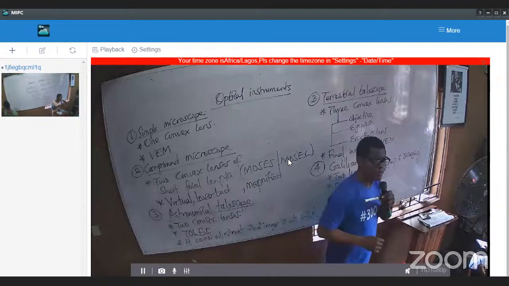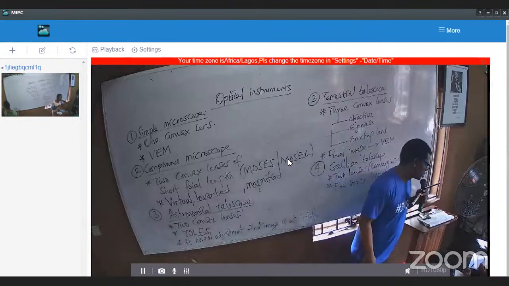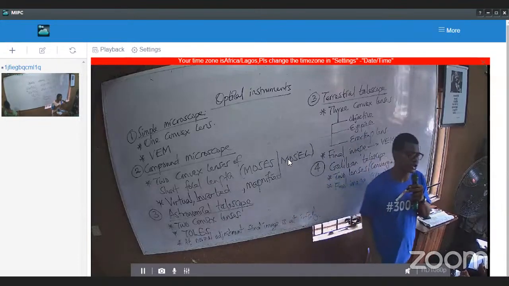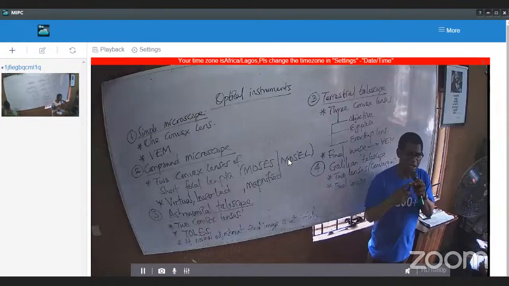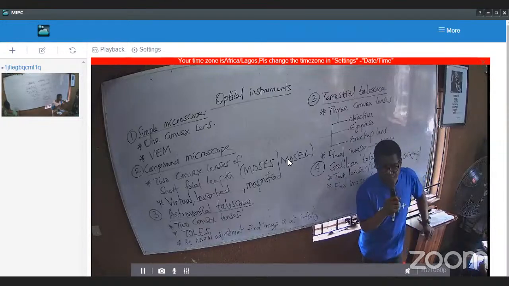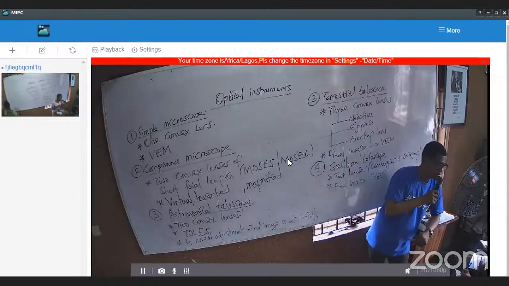Class, can you compare the human eye with a camera? What serves the same function as the diaphragm of a camera? Iris. What performs the same function as the ciliary muscle in a camera? Diaphragm.